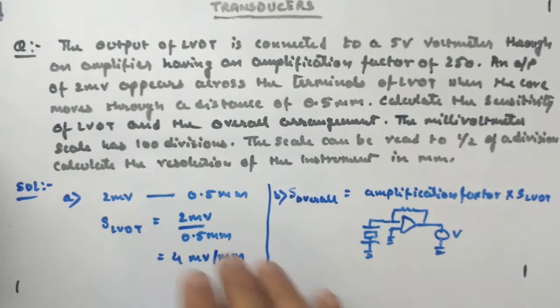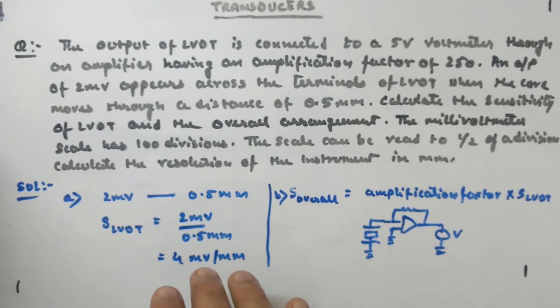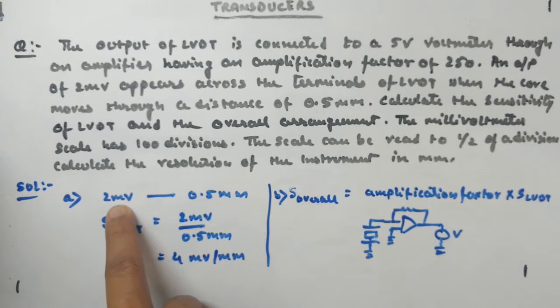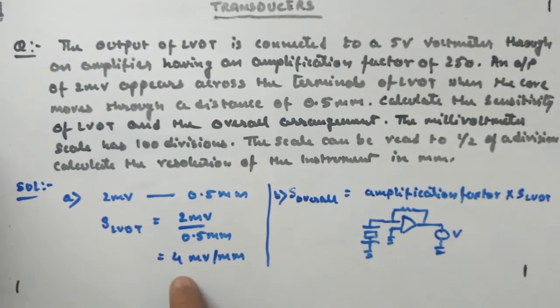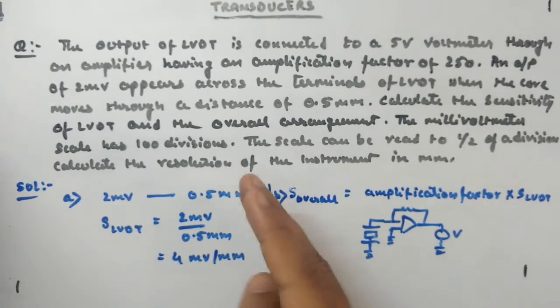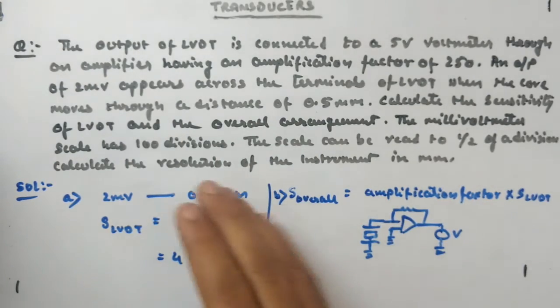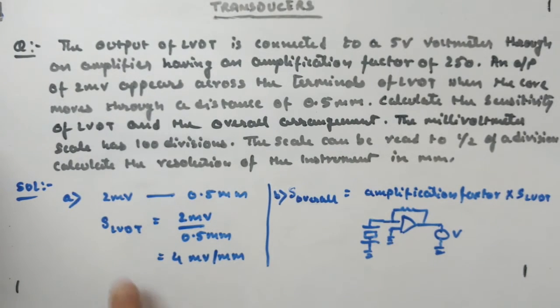The LVDT takes input from the displacement of the arm, and at the output it generates voltage. So the sensitivity is 2 millivolt divided by 0.5 mm, or 4 millivolt per mm. So for 1 mm of displacement it will show 4 millivolt of output at the LVDT output. That's how you can calculate the sensitivity.